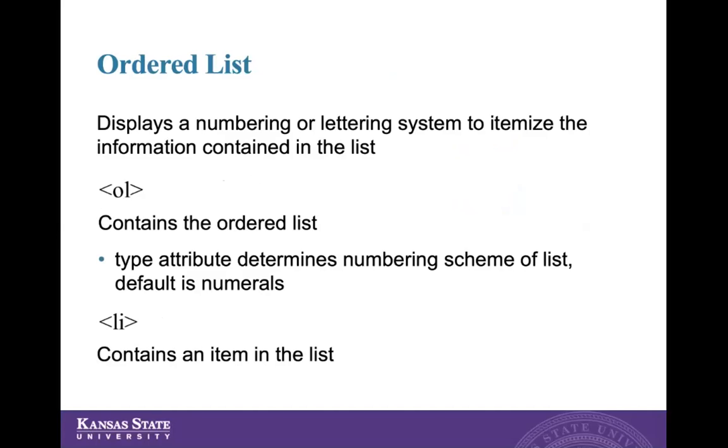An ordered list is basically the same thing, except it adds numerals or letters to our list. We can style this using CSS later down the road. An ordered list uses OL instead of UL, which stands for ordered list. Within the OL nesting of the tags, we use the LI for each item.